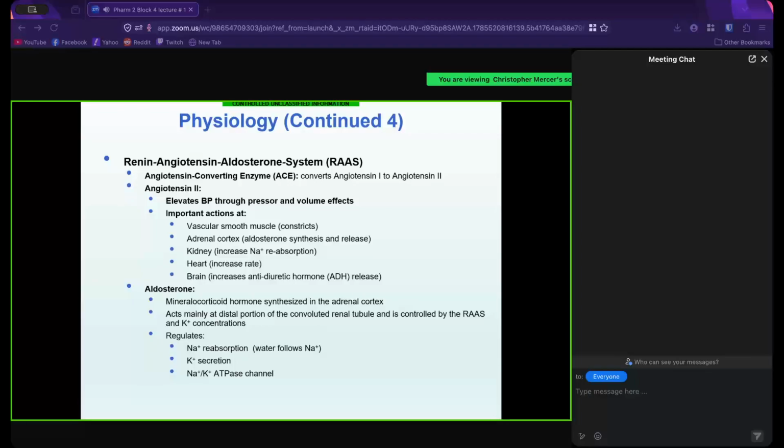When we start talking about normal physiology, we are excreting sodium here or reabsorbing sodium back into the blood here. Well, when we start acting on certain parts of the kidney, specifically the nephrons, then we can affect whether or not that sodium and potassium is going to be reabsorbed into our blood or not.